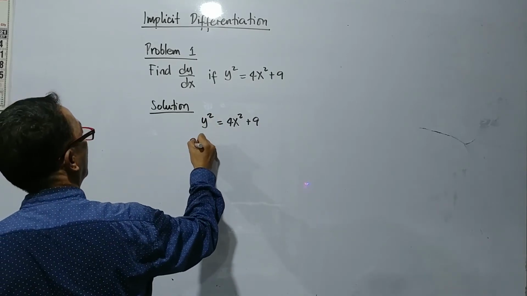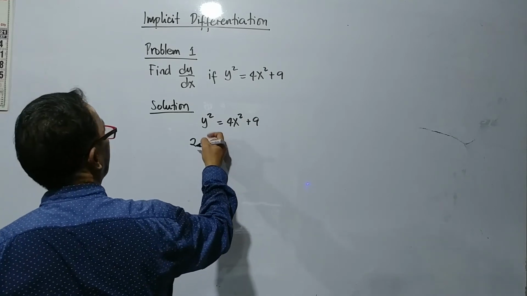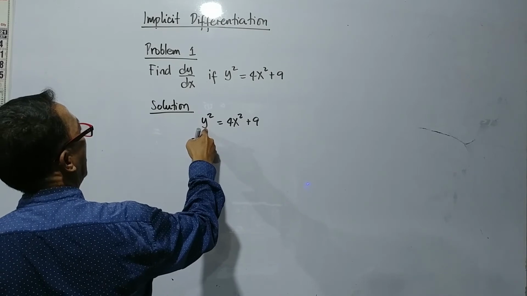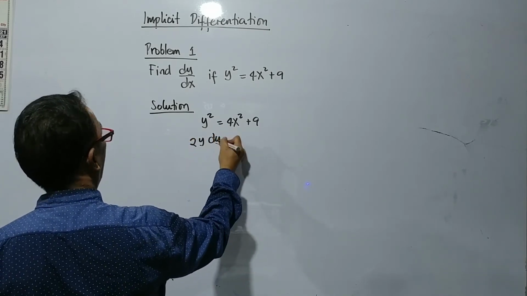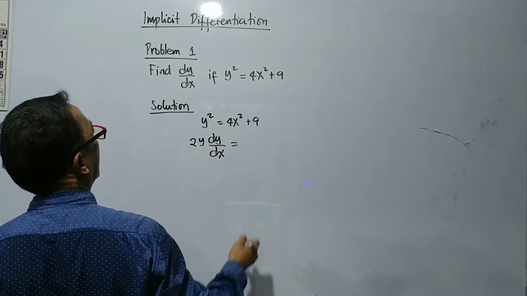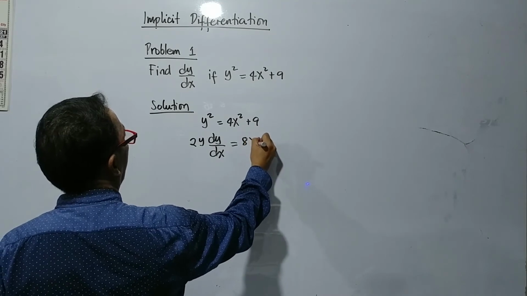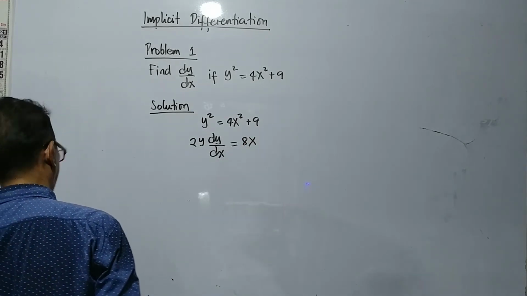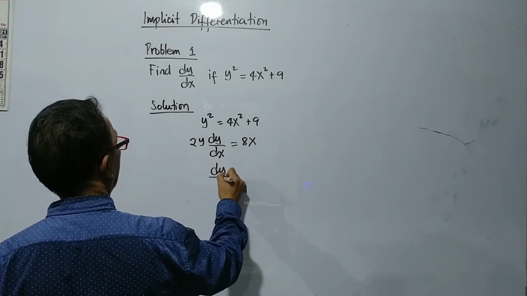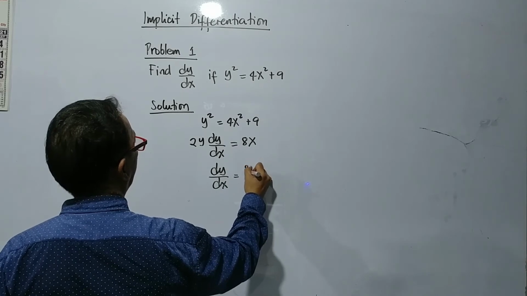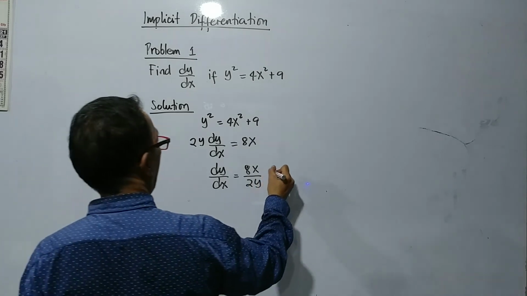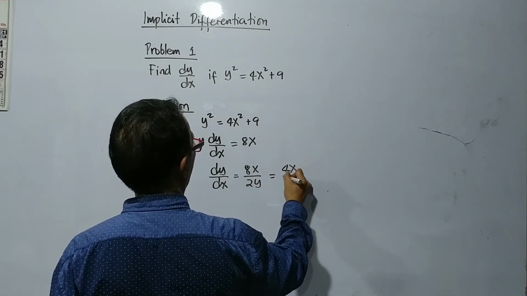We have 2y, because, guys, it is a power, then the differential of the term, which is dy/dx. Next, 8x. So our dy/dx now is 8x over 2y, or we have 4x over y.